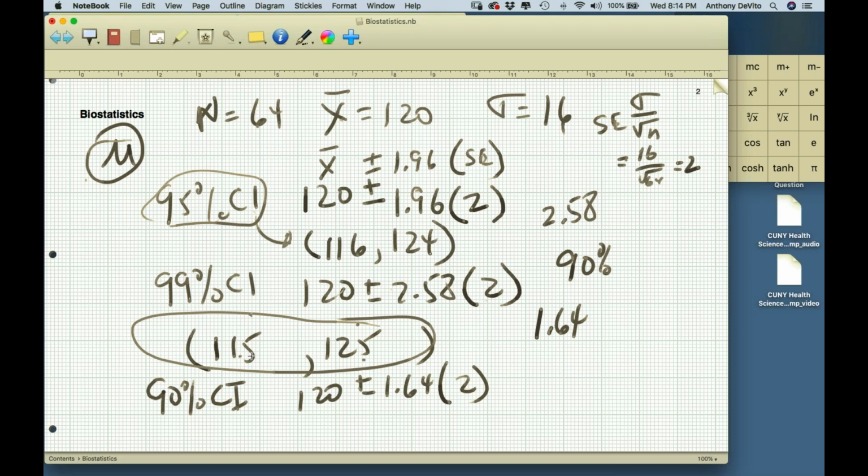Because in order to be 99% confident, you want a wider interval, so you're more likely to be right that the true mean is within those two numbers. If you're willing to be less confident, at 90%, you can make the range narrower. So as your level of confidence increases from 90 to 95 to 99, your confidence interval gets wider. That's what makes you more confident that you have captured the true population mean in between.